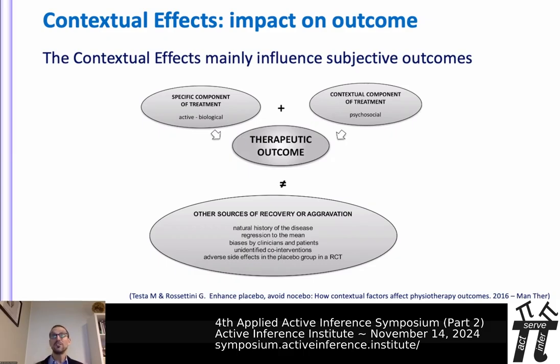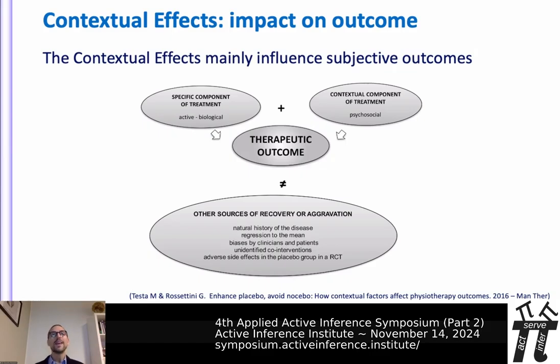However, not all the changes of the therapeutic outcomes are due to contextual factors or to the specificity of our treatment. In fact, several confounders can explain the improvements or the worsening of the patient's clinical condition. Examples are reported in this graph.